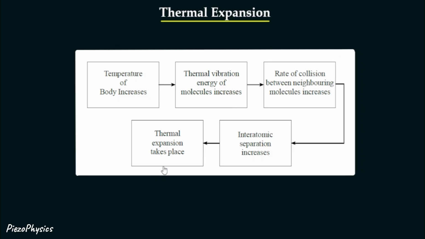So that's the particular process of thermal expansion. Generally, there are three types of thermal expansion. One is linear expansion. Second is aerial expansion. Third is volumetric or cubical expansion.